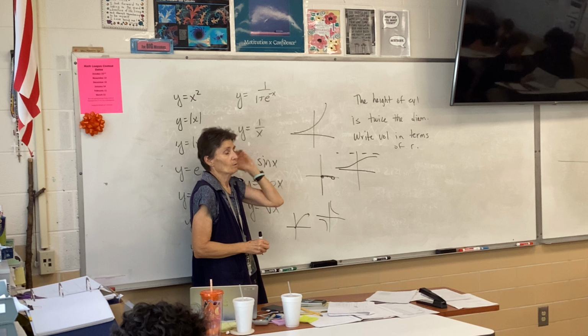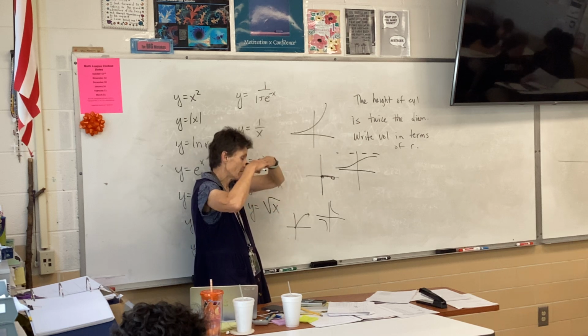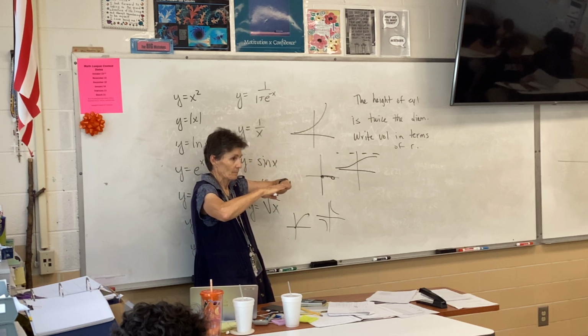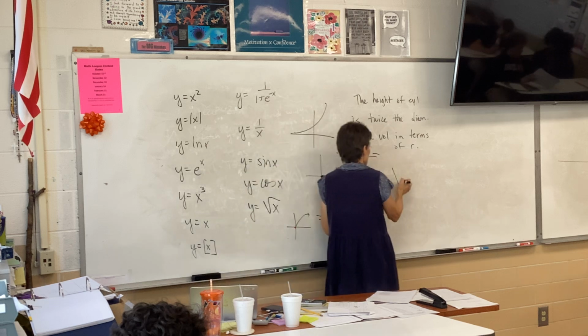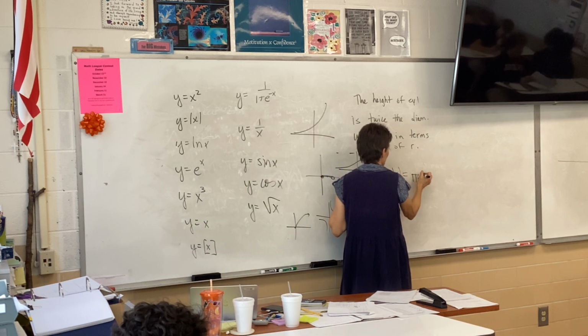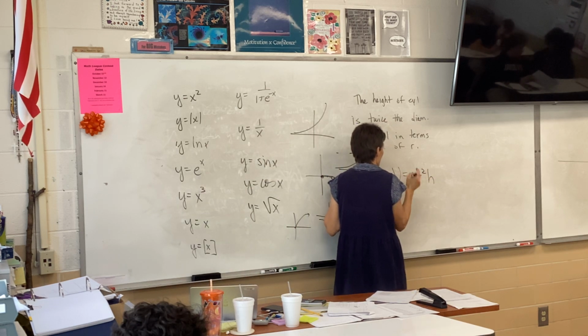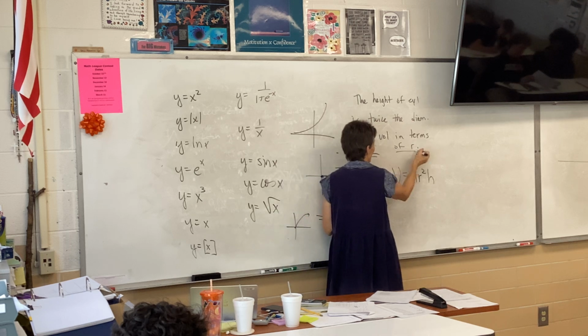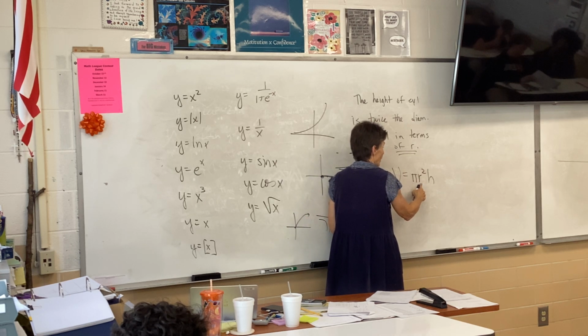Okay, so what do we start with? This is where I begin. Volume equals, and what does volume equal? Pi r squared h. And that's a good formula, but it's only supposed to have r's.